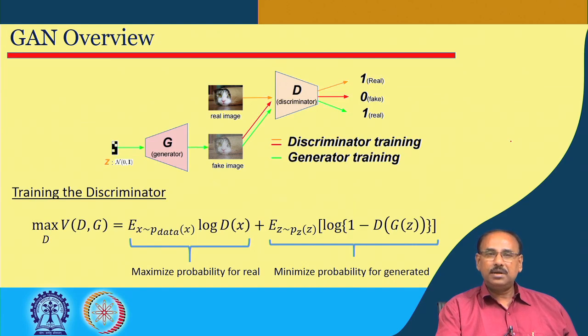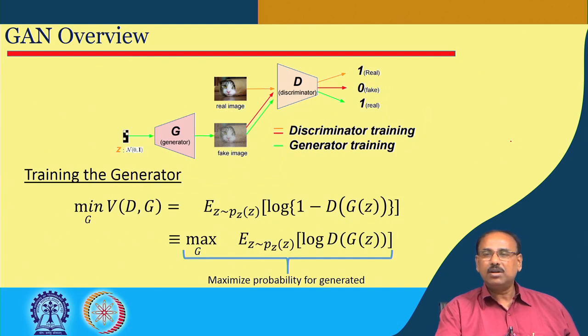So, training the discriminator is a maximization operation over the expectation value of log of d x plus the expectation value of log of 1 minus d of g z. Maximization of this will train the discriminator.